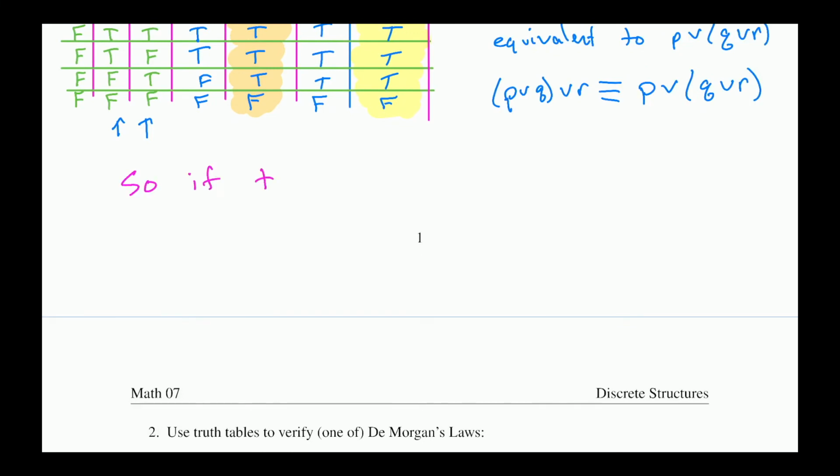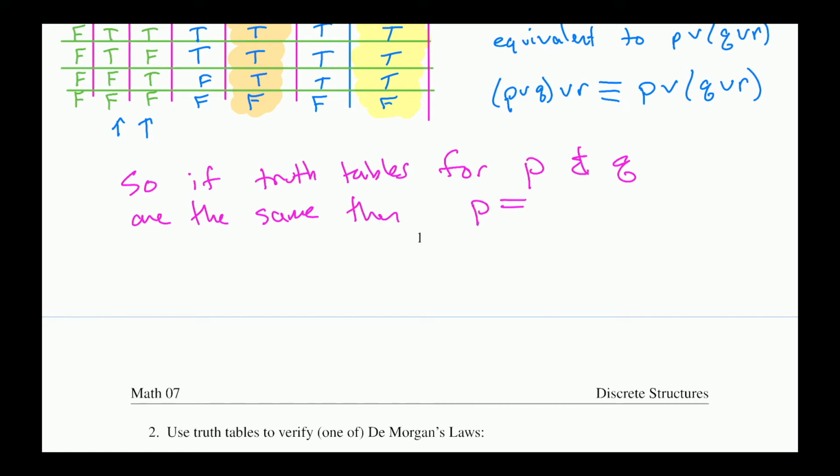So if truth tables for P and Q, now whatever P and Q are, right? Not actual P and Q, compound propositions P and Q. So if truth tables for P and Q are the same, then logical equivalence.